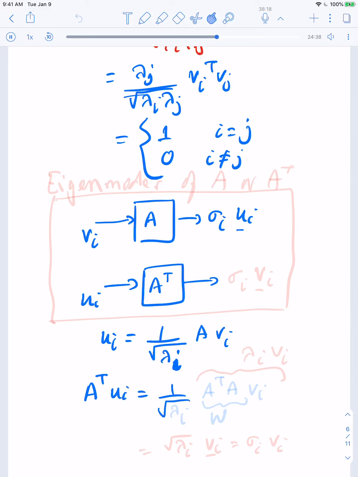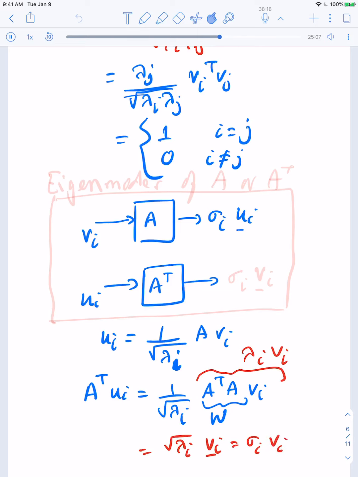I get 1 over root lambda i, A transpose A Vi. Remember, that's the matrix for which I had done the eigen decomposition in the first place. So W times Vi, and of course that is equal to lambda i times Vi, and so this is root lambda i times Vi, which is sigma i Vi.